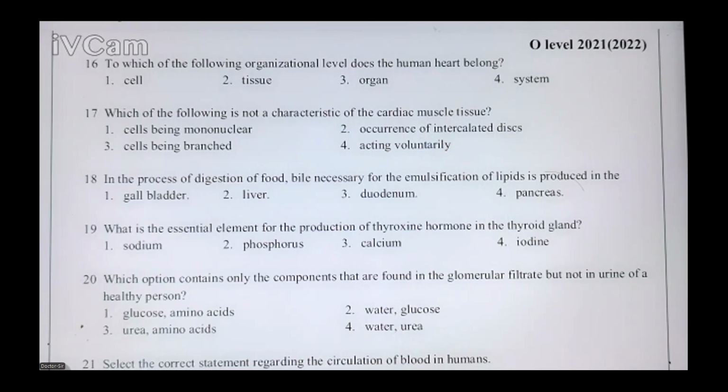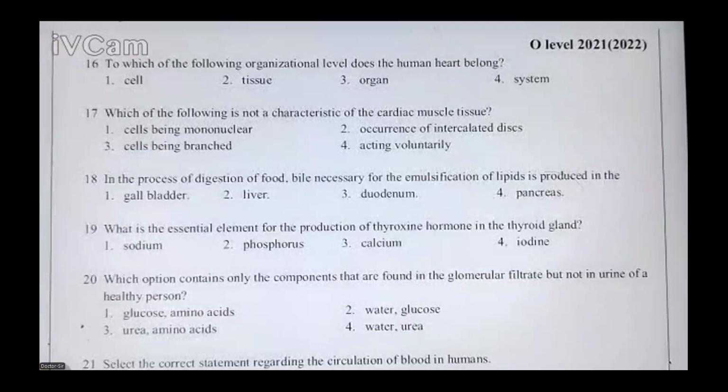Your chat box is very boring. Oh, no messages. Why don't you tell the answers? Whether it's correct or wrong, no problem. Now I teach something, you may know something, so tell the answers.